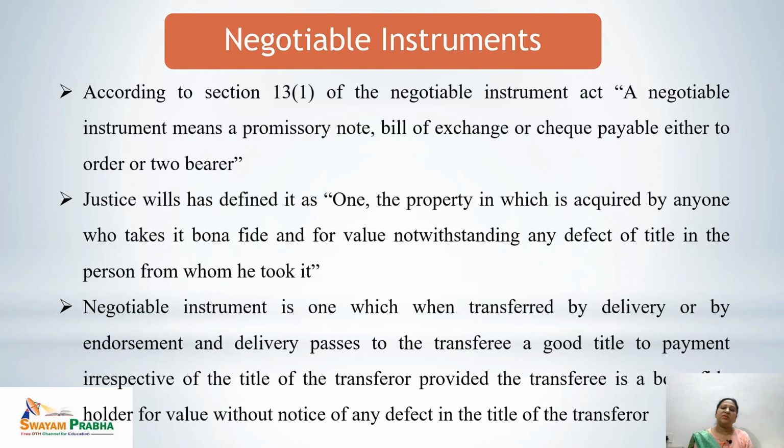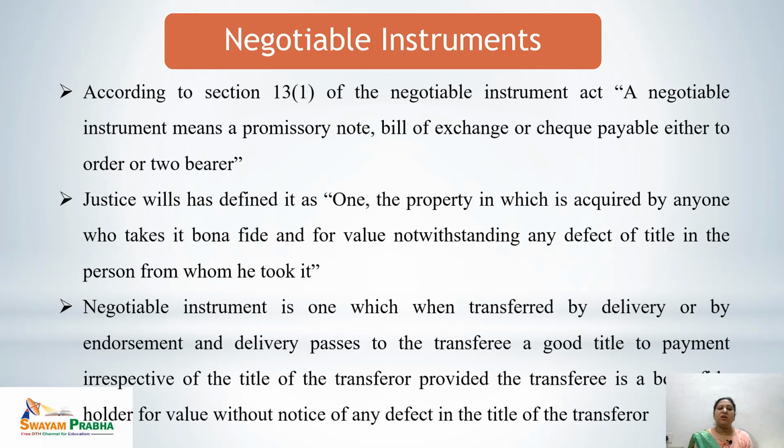In simple words, if we want to know the meaning of the negotiable instruments, we can read it like: a negotiable instrument is one which, when transferred by delivery or by endorsement and delivery, passes to the transferee a good title to payment irrespective of the title of the transferor, provided that the transferee is a bona fide holder for value without notice of any defect in the title of the transferor.